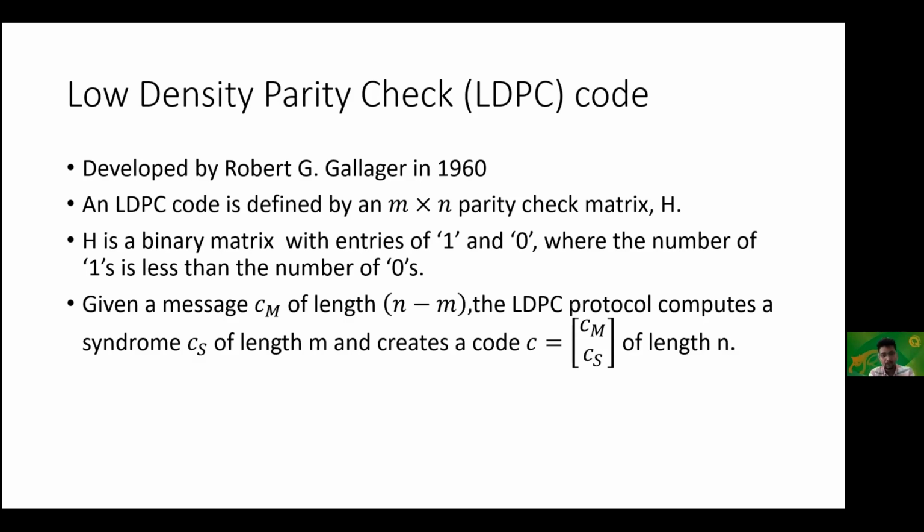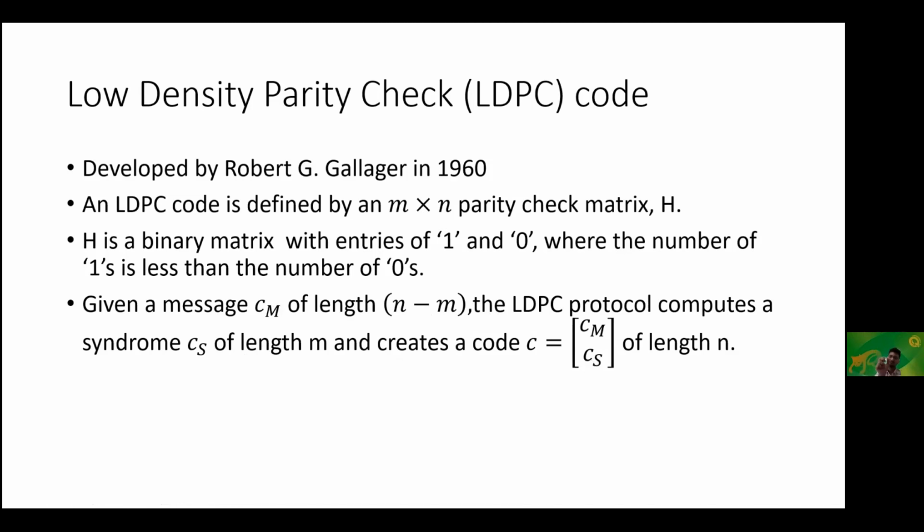Now if you have a message, call it CM, its length is n minus m, where n and m are the dimensions of the matrix. The LDPC protocol computes the syndrome S of length m and then creates the whole code word, which is my message and the syndrome. By writing this, I mean that I am not writing the message horizontally, I am writing the message vertically as a vector.